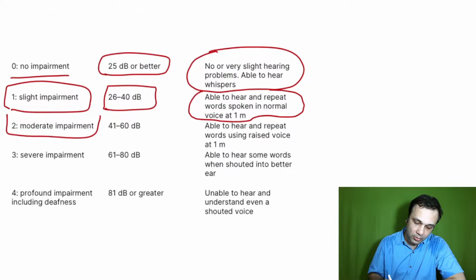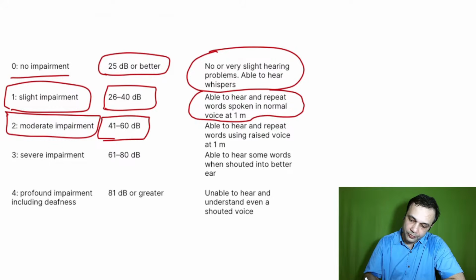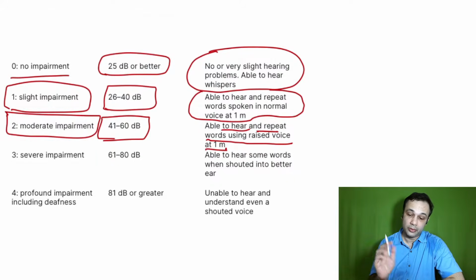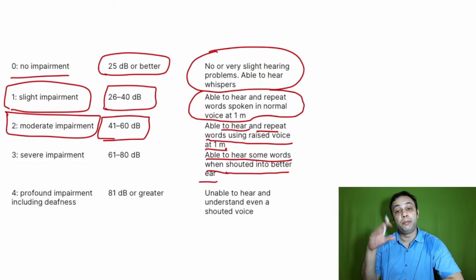When you talk about moderate impairment, it is in the range of 41 to 60 decibels, and the patient is able to hear and repeat words. Mark there, able to hear and repeat words using a raised voice, right? Raised voice. Look at the next one, shouted. Able to hear some words when shouted into the better ear.